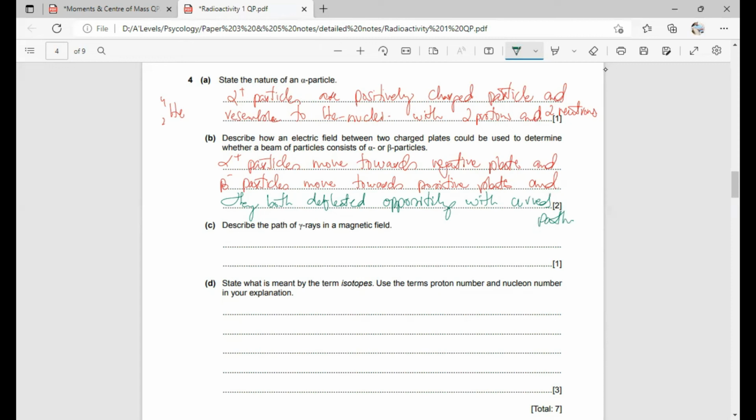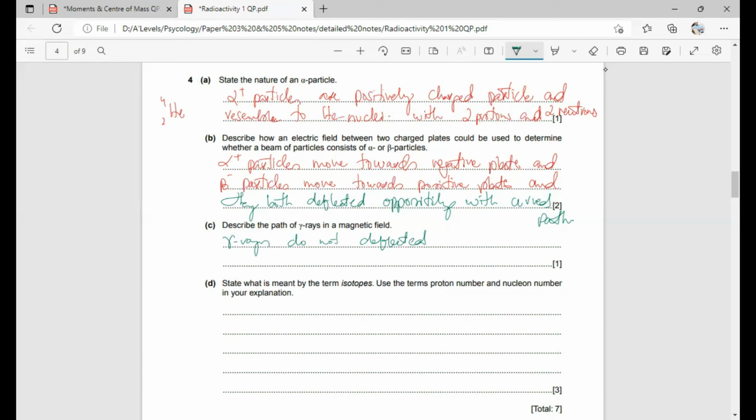Describe the path of the gamma rays: they do not deflect. Okay, gamma rays are not deflected.